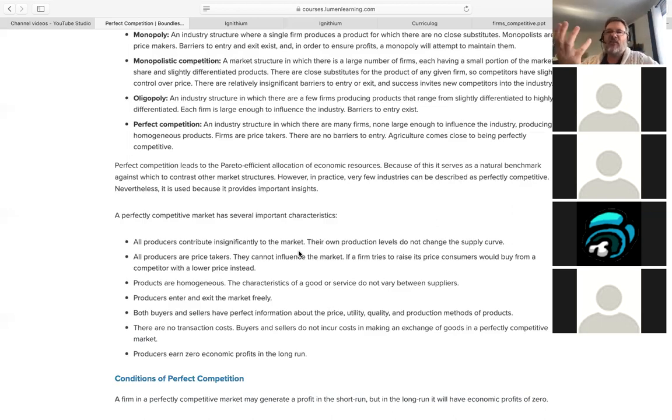And what that means at the industry level is that if there are 10 firms in the industry, you're stuck with 10 firms in the short run. In the long run, new firms can enter or some firms can exit from the industry. So you can have the number of firms operating in the industry over the long run change.